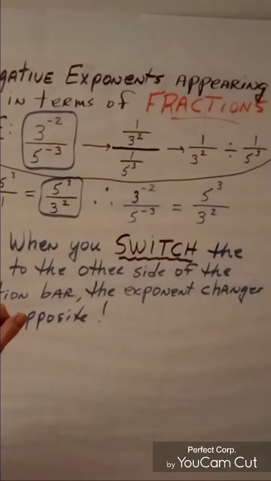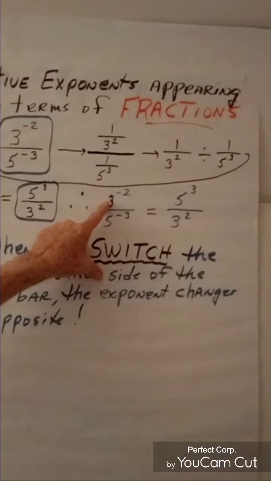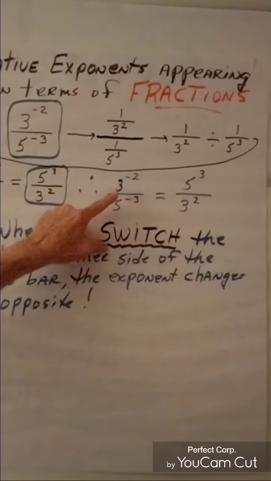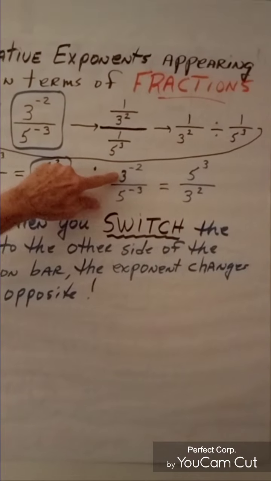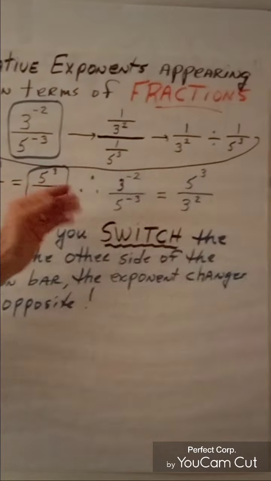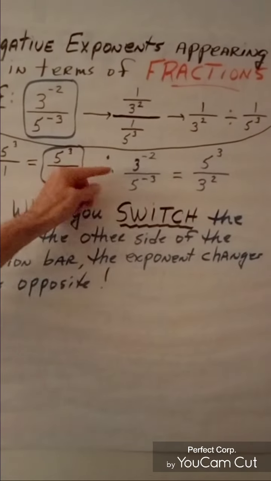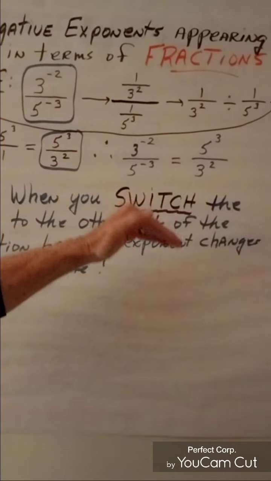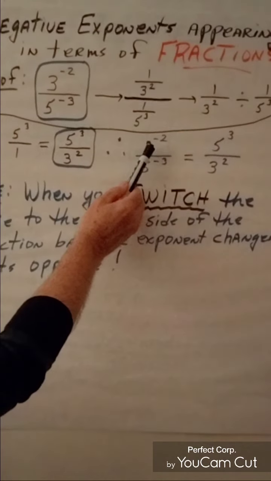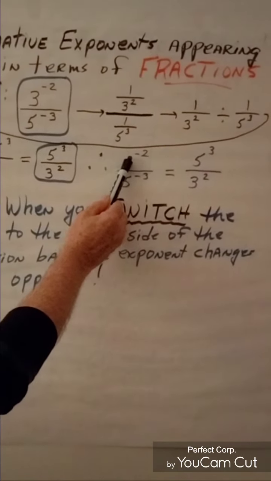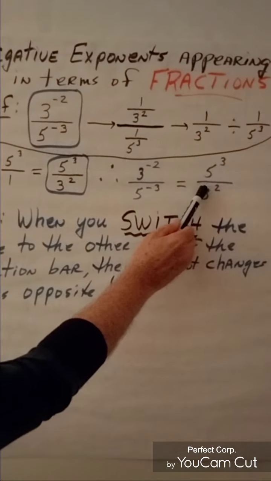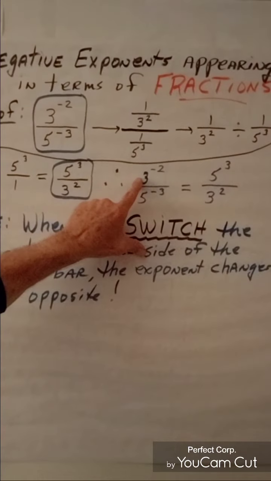Notice this 3 to the negative second, this numerator term on the left-hand side. If I take its base and switch it to the other side of the fraction bar, placing it in the denominator position, I'm not changing the sign of the base.